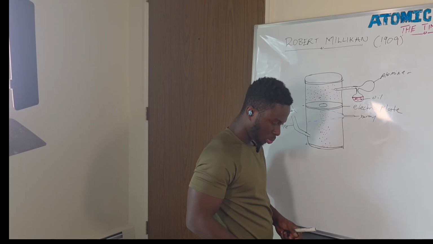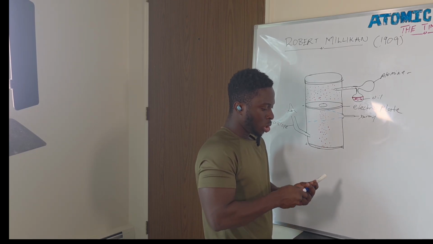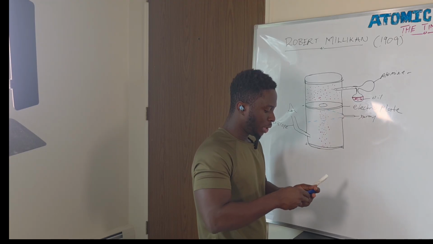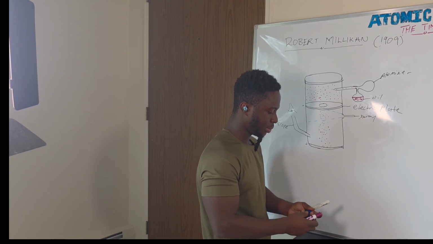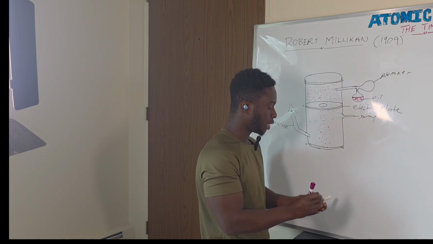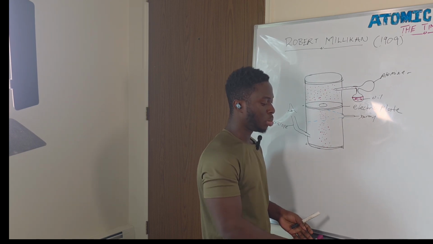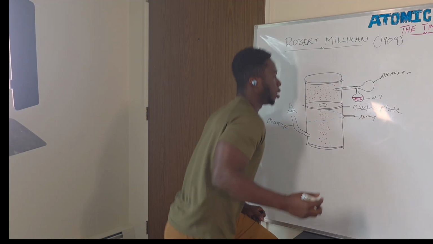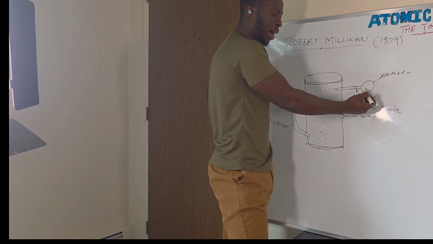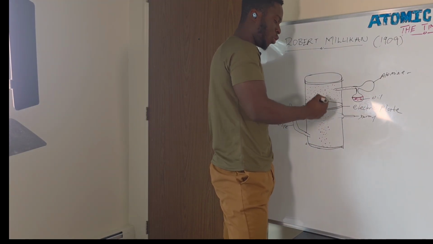So when Millikan was done with this experiment, he came out with some figures. As he was doing this experiment, something was becoming more and more apparent. Once again, he sprayed an atomizer into this field over here.